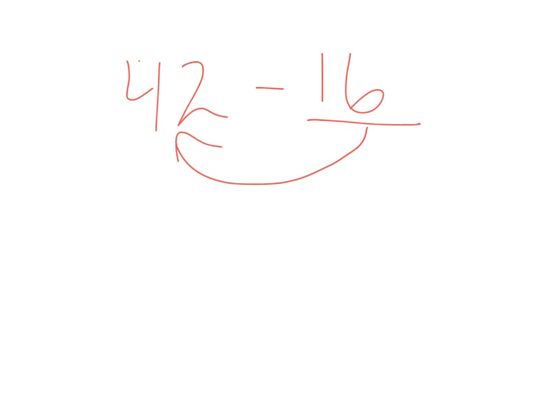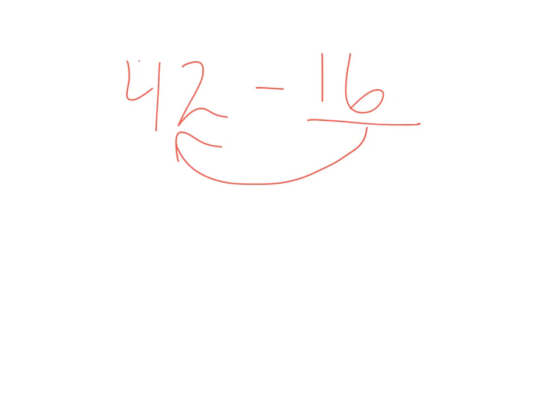We could do 42 minus 16. That is a big gap between 42 and 16. But if I start at 16 and count up to 42, however many jumps it takes me will be my number.